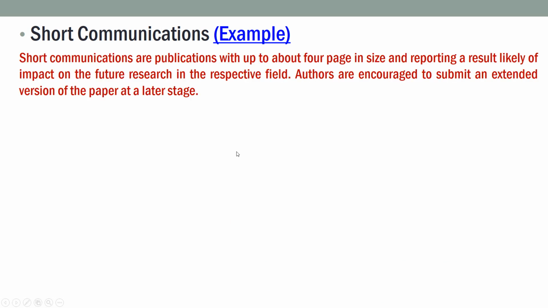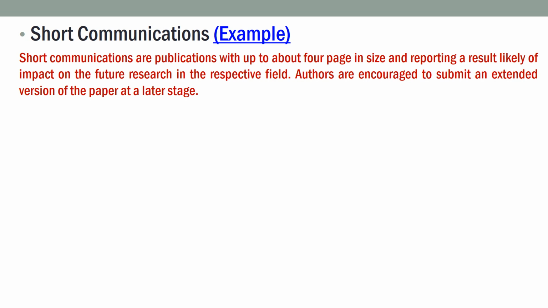Then the next paper is the short communication. A short communication is also similar to a technical note, which is maximum 4 pages in size, and it reflects the key results of your research. Key results means you can address 1 or 2 problems maximum in this paper. Of course, authors are later encouraged to submit an extended version of the paper at a later stage.